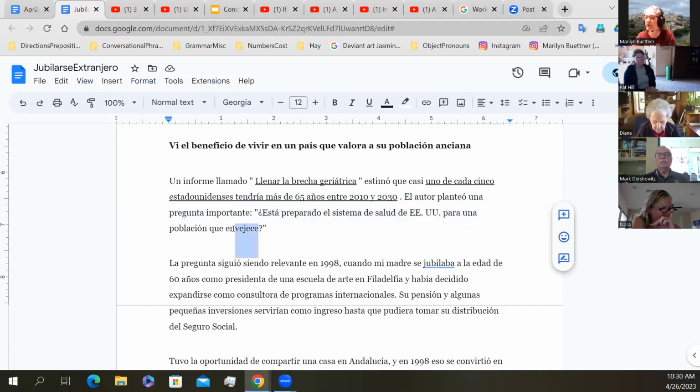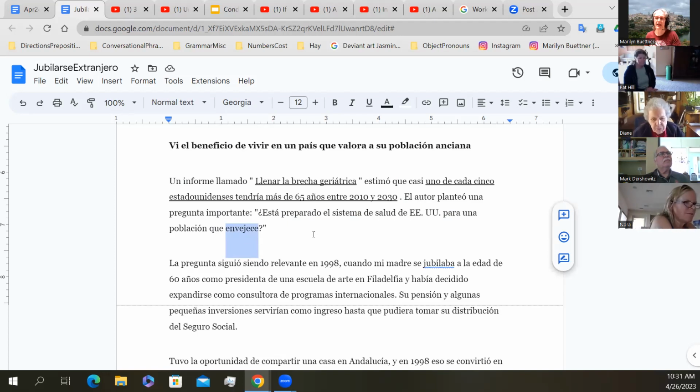And there is a word that maybe you can get from context because of what we're talking about. We're talking about the over 65 population. Is the U.S. health system prepared for a population that is doing something? Aging.